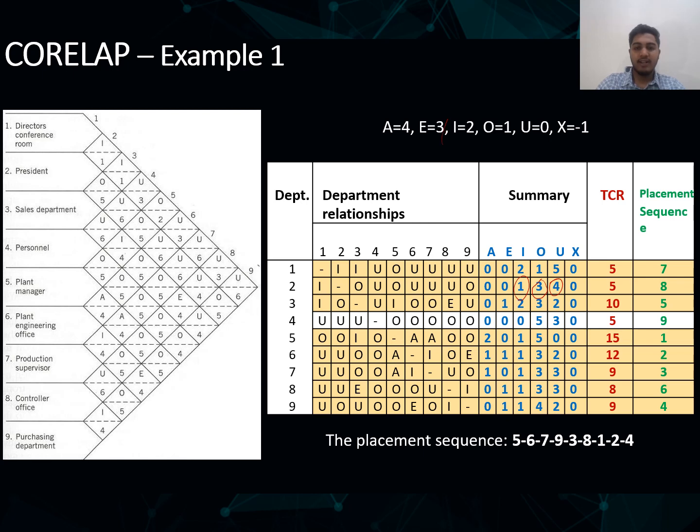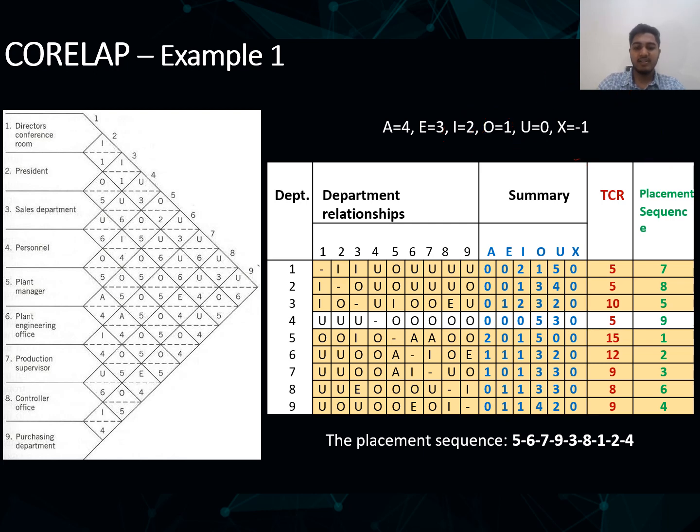So the I value given is 2, the O value given is 1 and 4 U's. 1 into 2 plus 3 into 1 plus 4 into 0 gives 2 plus 3, which is equal to 5 in total. So you represent 5 here. Let's do the same for the rows below and complete the TCR table.